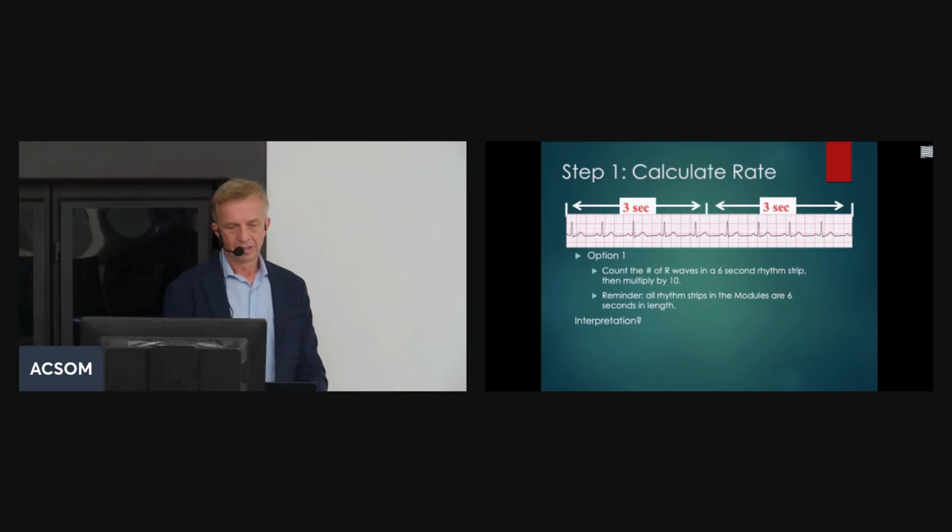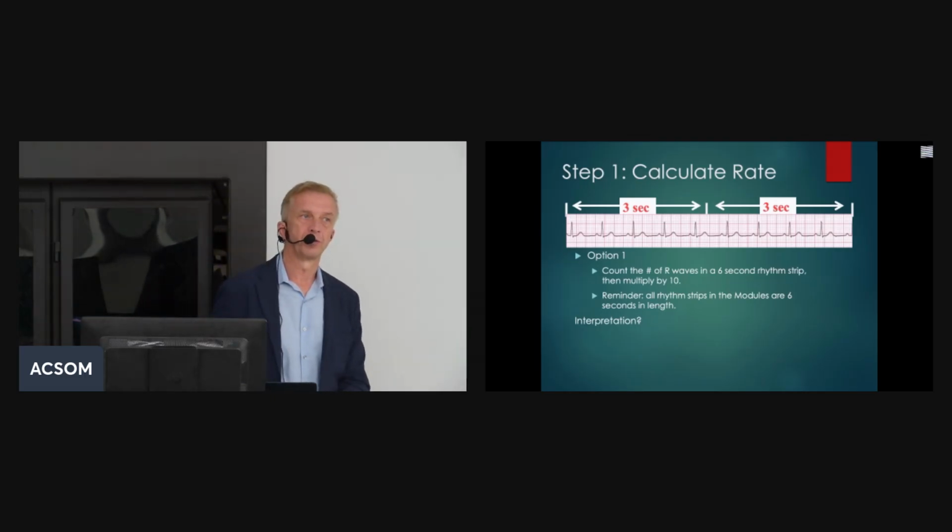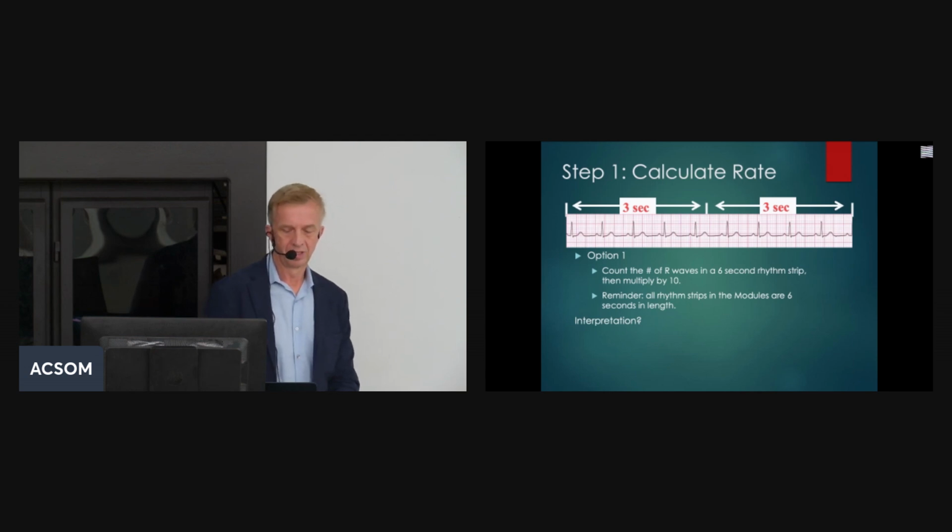I usually use one of two formulas. First, you calculate the length between two QRS complexes. Then you divide 300 by the number of big boxes between them. Is that the formula that you mentioned?